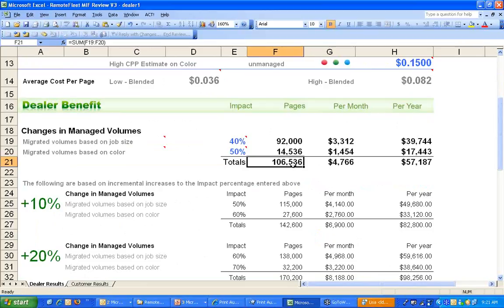But remember, these are 106,000 extra pages that are coming to you as a result of print management. So, don't throw the baby out with the bathwater, I guess, is what the message boils down to. You're providing your customer with a benefit, and you're certainly benefiting from that in the long run as well, to the tune of an additional 106,000 pages.